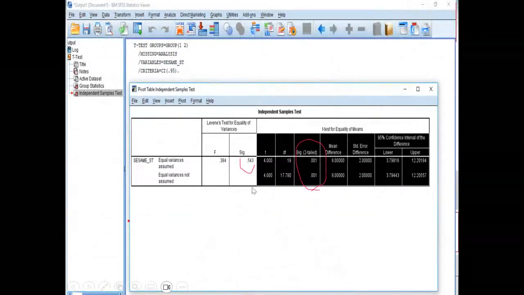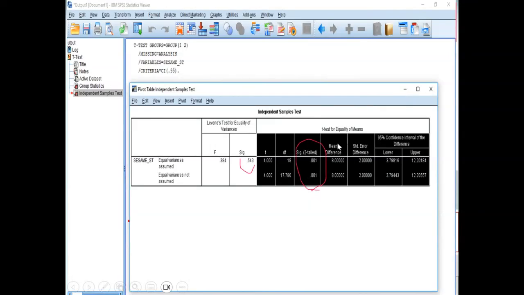Okay. So did we reject the null? According to this, it says significant two-tailed test 0.001. Yes, we did. How do we know? Because 0.001 is less than alpha. How do you know what alpha is?